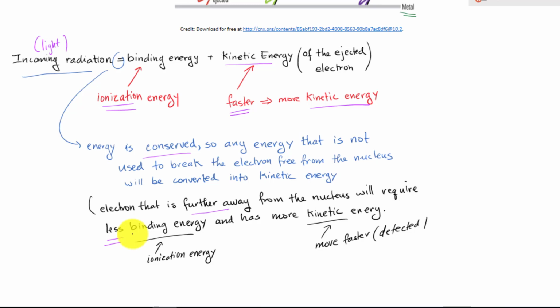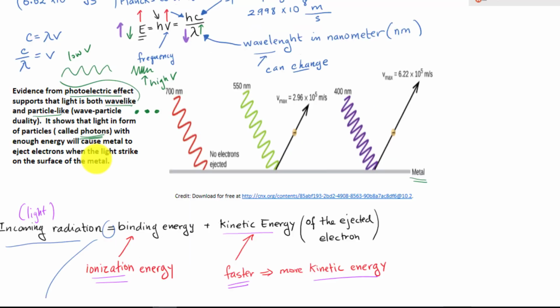So electrons that are further away from the nucleus will move faster. And we can actually detect the velocity of each electron that's being ejected from the surface of the metal. That's how we use the information from the photoelectric effect to understand that electrons are related to energy, and that energy is related to the wavelength and frequency of light.